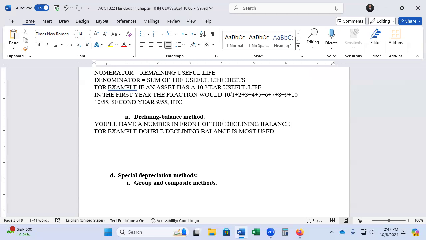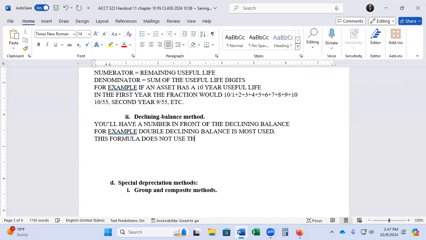I've only seen double used in practice, but if you can come up with a reason for it, you can depreciate it more if that in fact is what the economic usefulness of the asset is. Now, this formula does not use the salvage value.